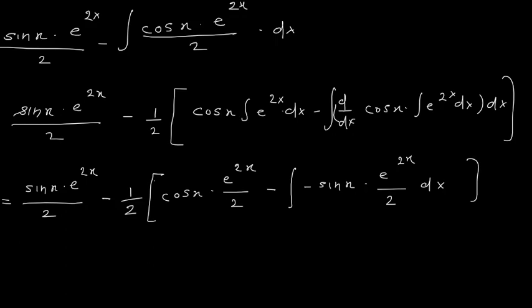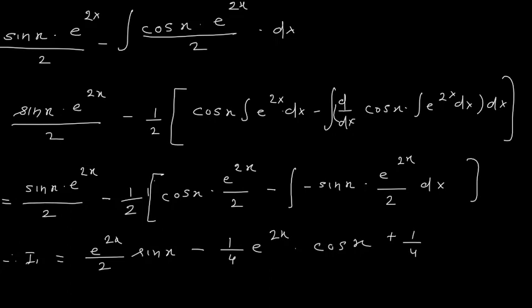So here I get I1. Therefore I1 equals e power 2x upon 2 into sin x. We open this bracket, so here we get minus 1 upon 4 into e power 2x into cos x, then minus minus plus 1 upon 2, 1 upon 2 is 1 upon 4, and I have again the same sin x e power 2x dx.